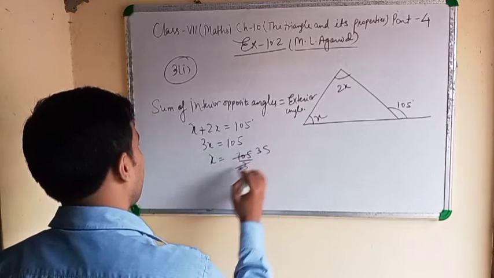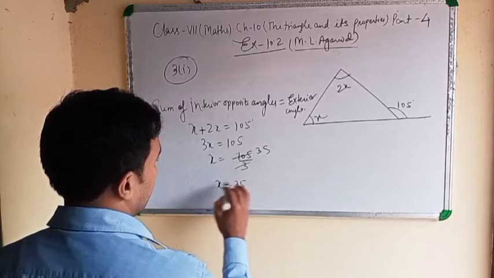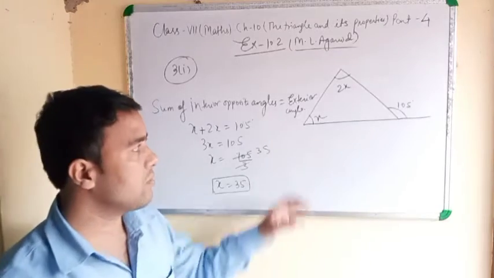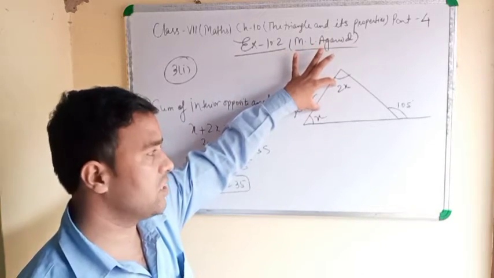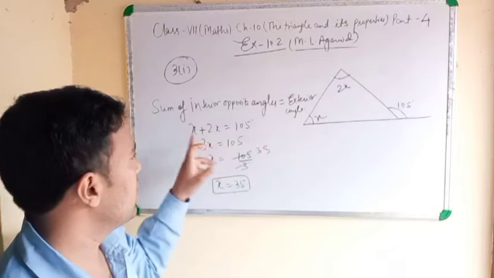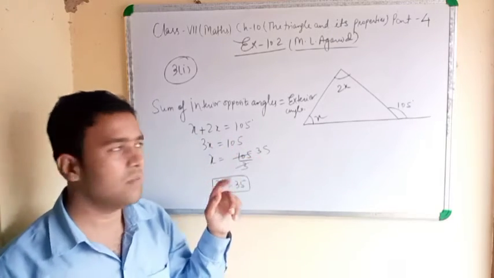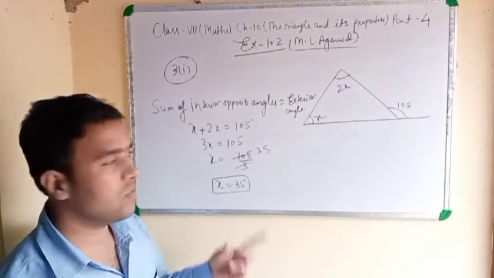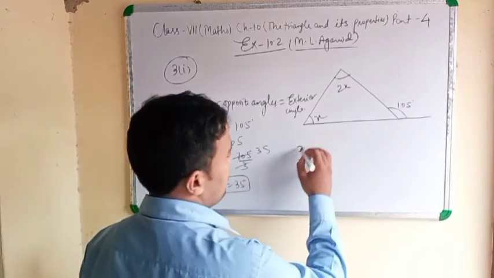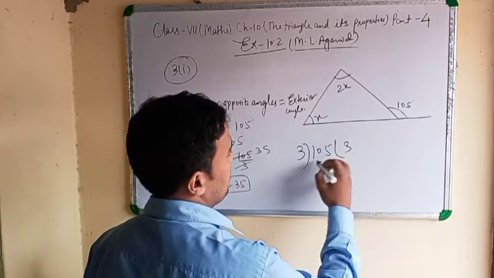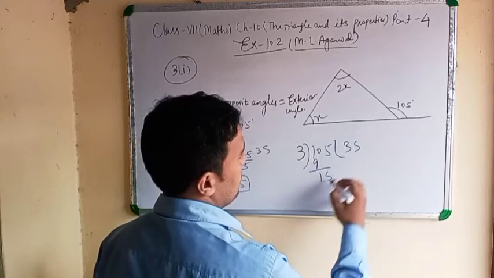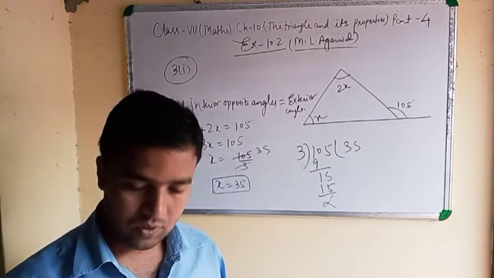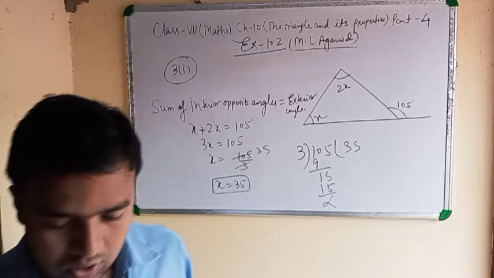When you divide 105 by 3, 3 3s are 9, and 3 5s are 15, means 35 is the answer. Rest two parts you can do.